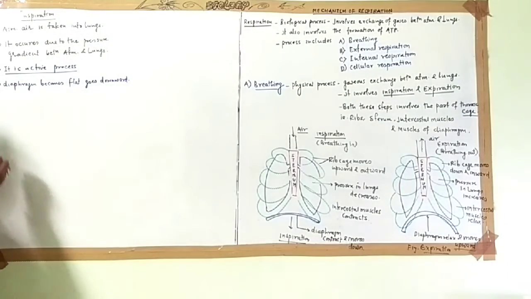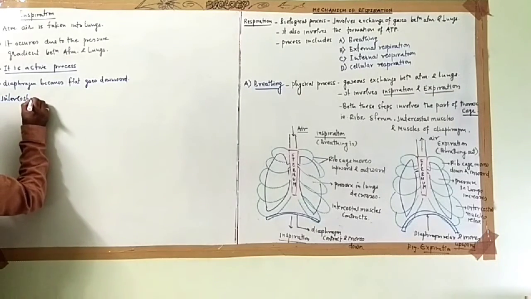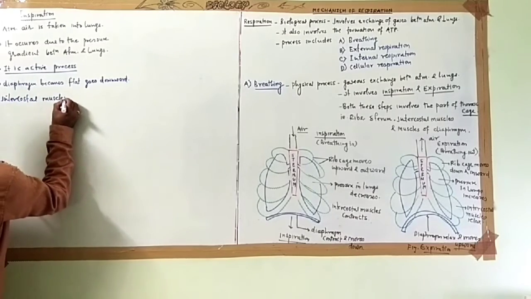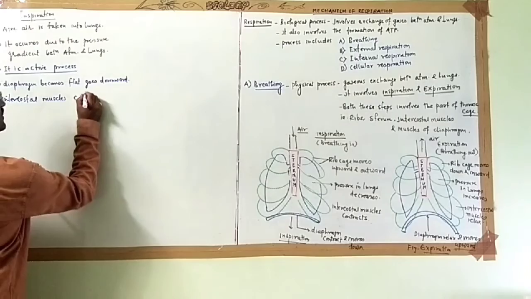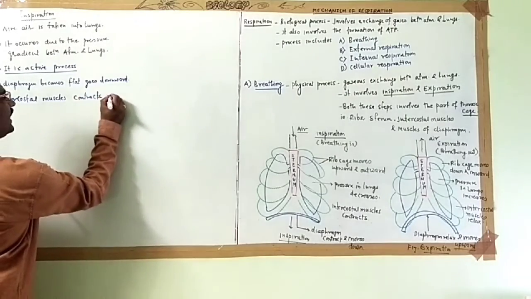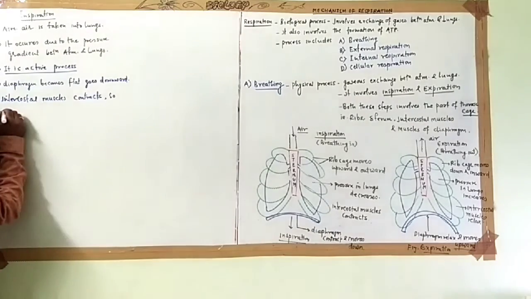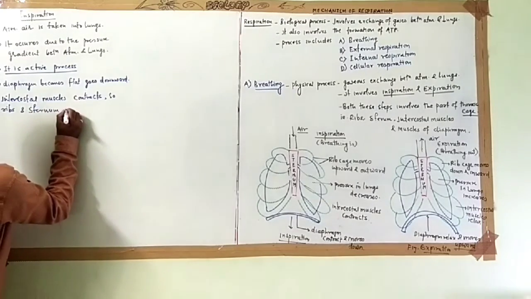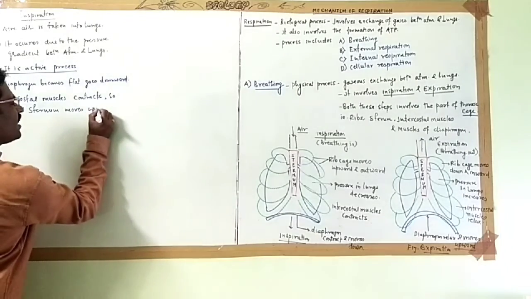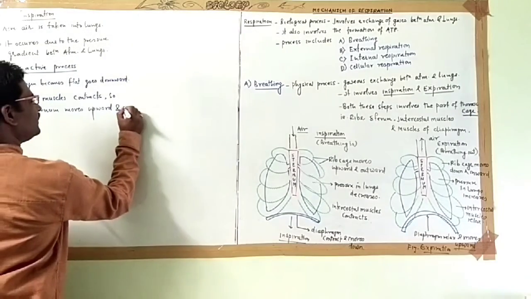ओके, second, the intercostal muscles contract. So the ribs and sternum move upward and outward.